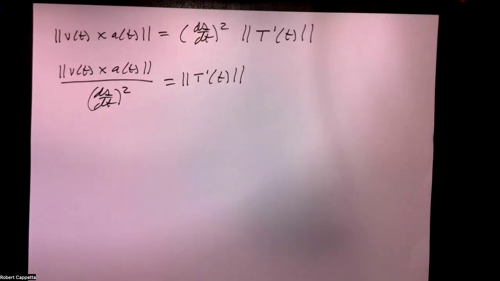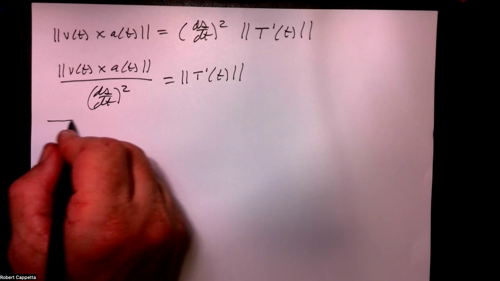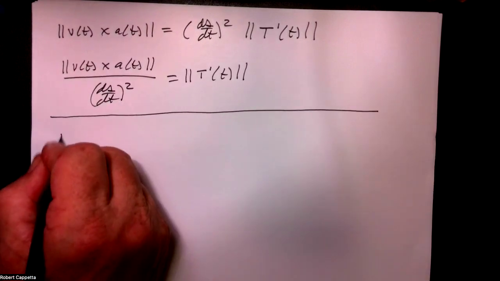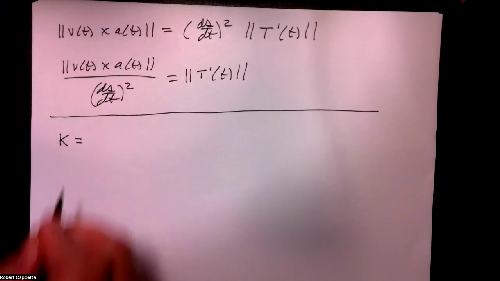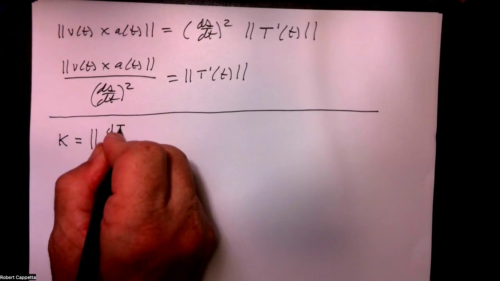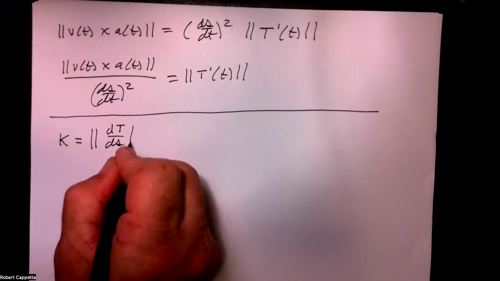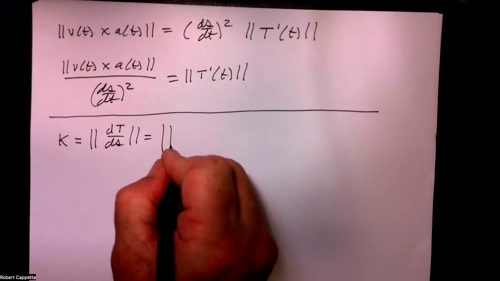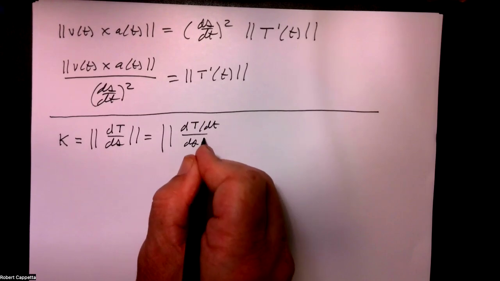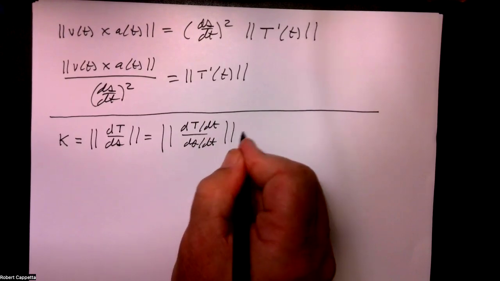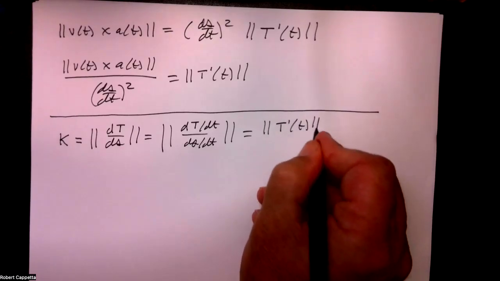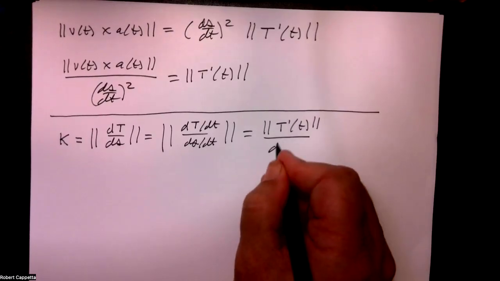But how do we finish this? Remember, our goal was to get a formula for curvature. What was curvature? How was it defined? It was the magnitude of dT/ds, which was the magnitude of dT/dt over ds/dt, which is the magnitude of T prime of t divided by ds/dt.